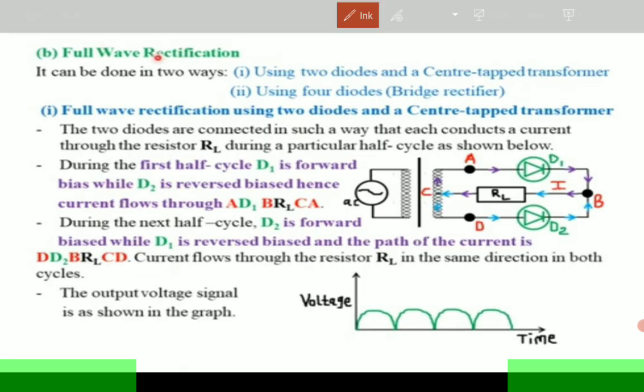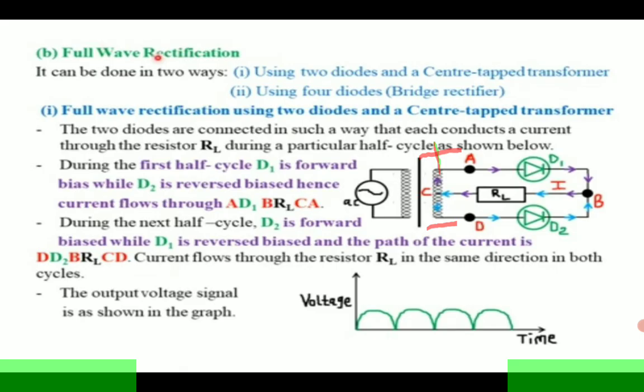To show this, we call one end positive, the other end negative. This is important for you because it will show you how a diode plays a part in rectifying. So 2 diodes are connected in such a way that each conducts current through the load L. This is the load, which is a resistor, during half cycles.